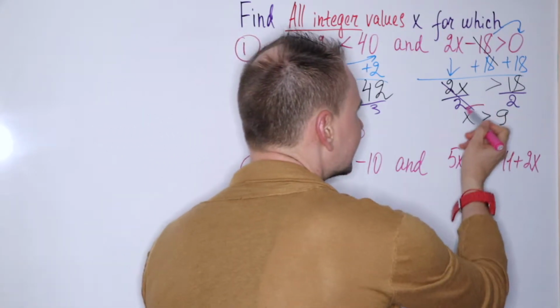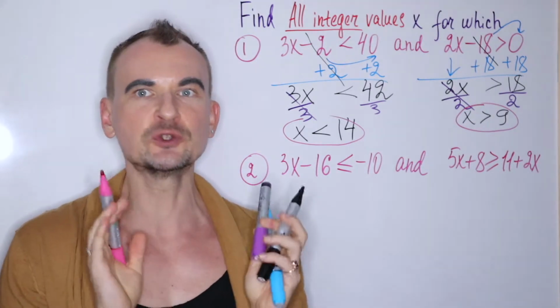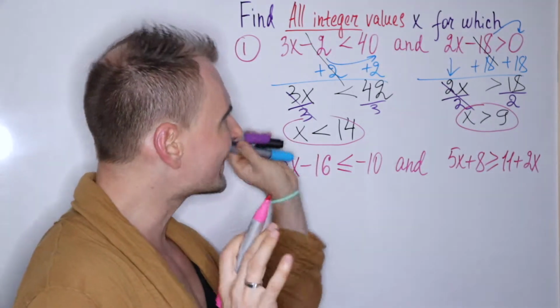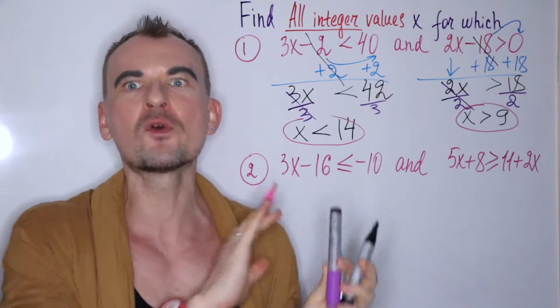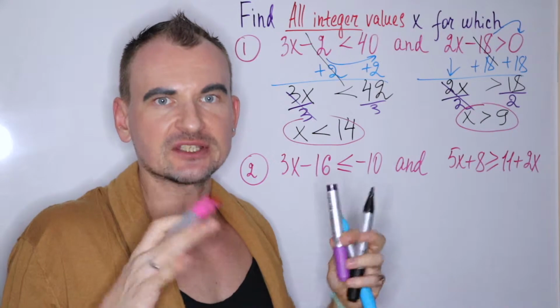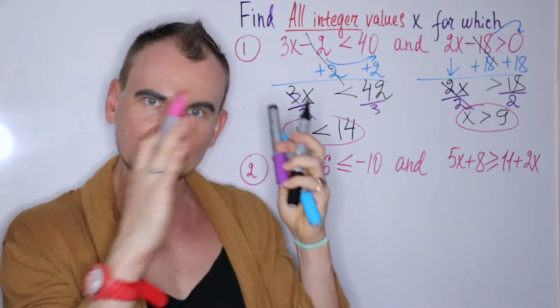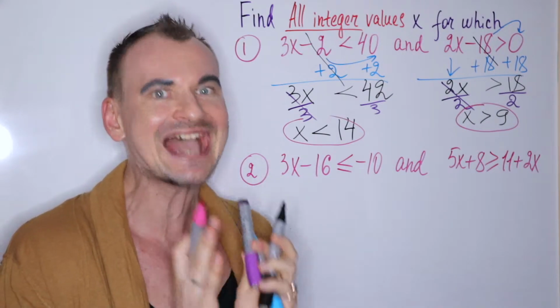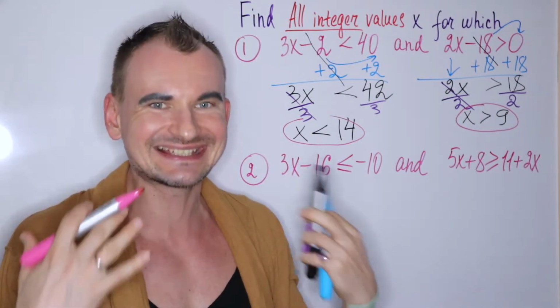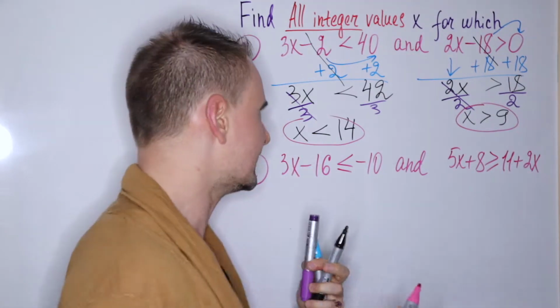So x greater than 9, this is the solution set for the second inequality. And keep in mind, for all inequalities, when you solve one, you come up with a solution set, basically an infinite set of numbers that satisfy your inequality.